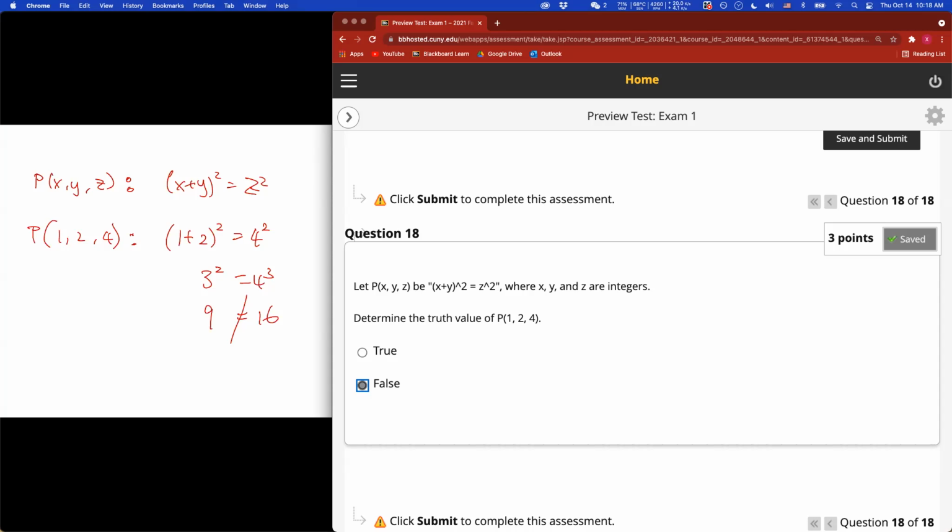Once your grade is out, you should be able to review your exam by clicking the exam score, I believe. But you need to wait until the grade is released in order to review your own exam. Okay, so if there's no other question, we will end it here and we will start a new topic next Tuesday.